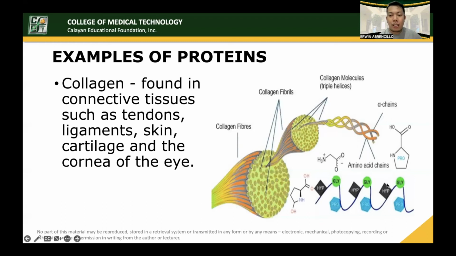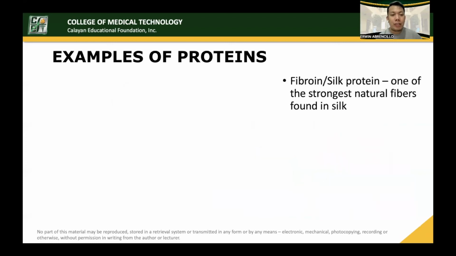These are found inside the collagen in the form of protein. Meaning to say that if you dismantle the collagen fibers, what you can get are actually proteins in the form of amino acids.